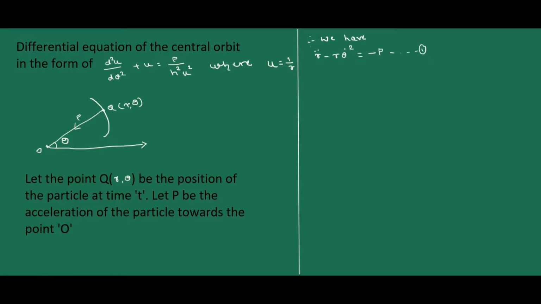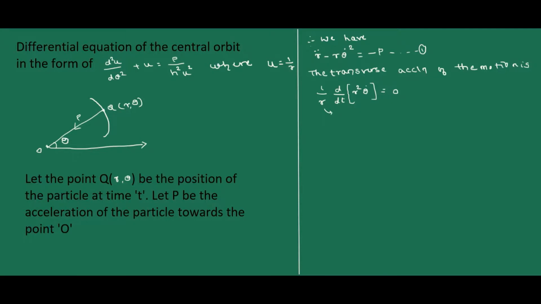The transverse acceleration of the motion is 0, that is 1 divided by r d by dt of r square theta dot is equal to 0.